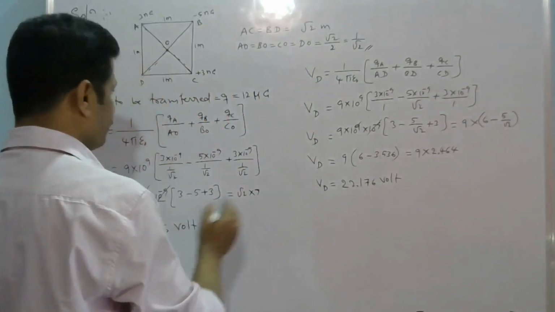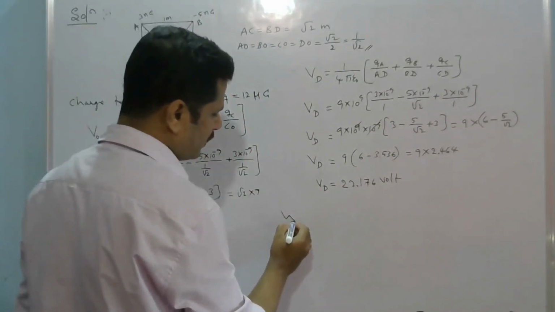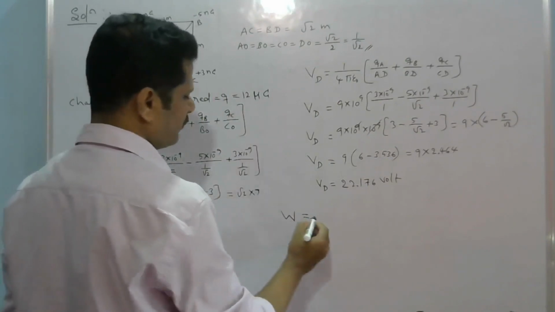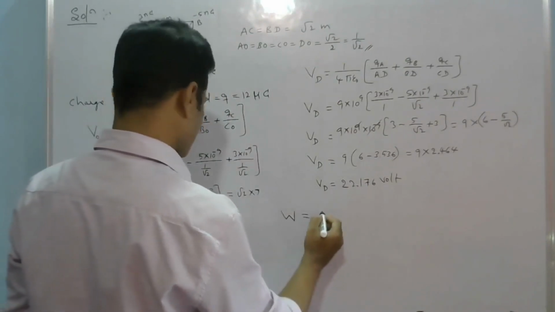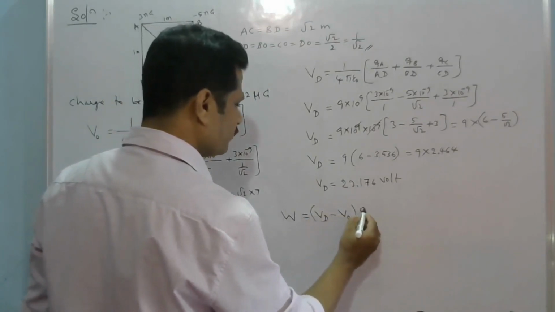So this is VD. We got the electric potential at D as well as at O. Now we need to find out the work done, that is, to move the charge 12 microcoulomb. Work done equals VD minus VO into the charge to be transferred.